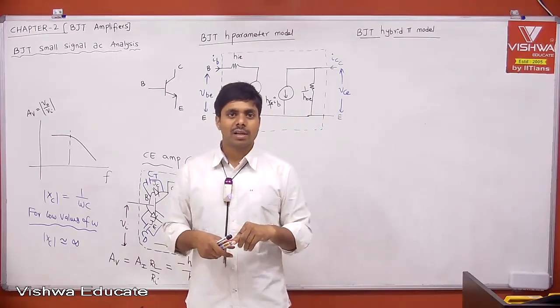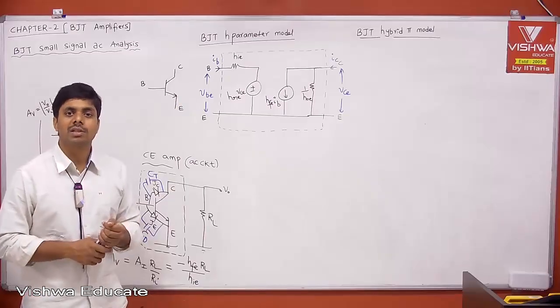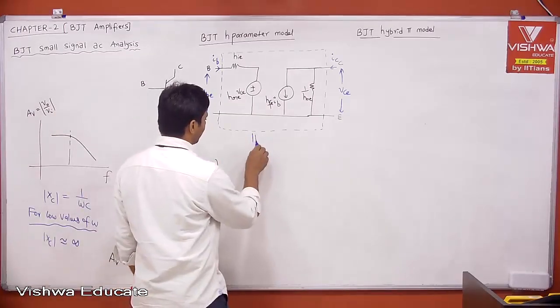Everybody understood, right? The limitation of the H parameter model is that it cannot explain high frequency response. Therefore, you can write down that it failed. What is the limitation?